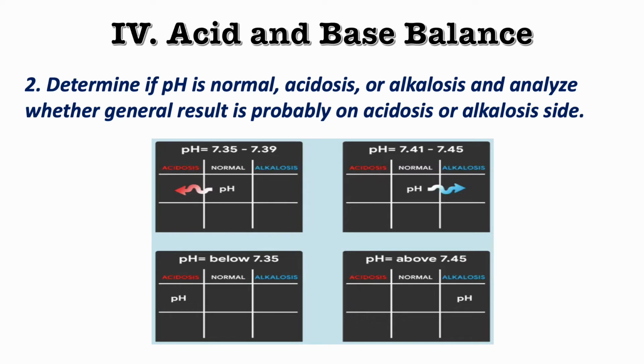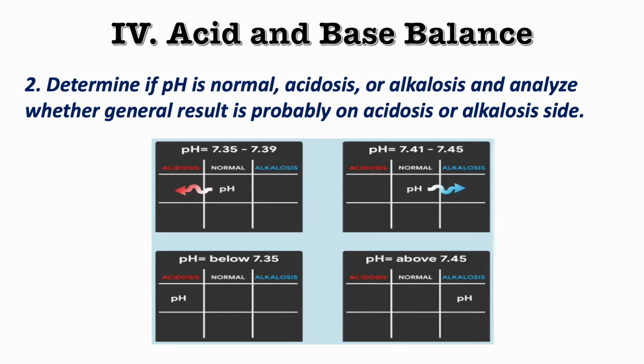So the first 2 tables above show a normal finding. In the first upper photo on the left, if the blood pH is between 7.35 to 7.39, the interpretation is normal but slightly acidosis. Next is the upper right photo.